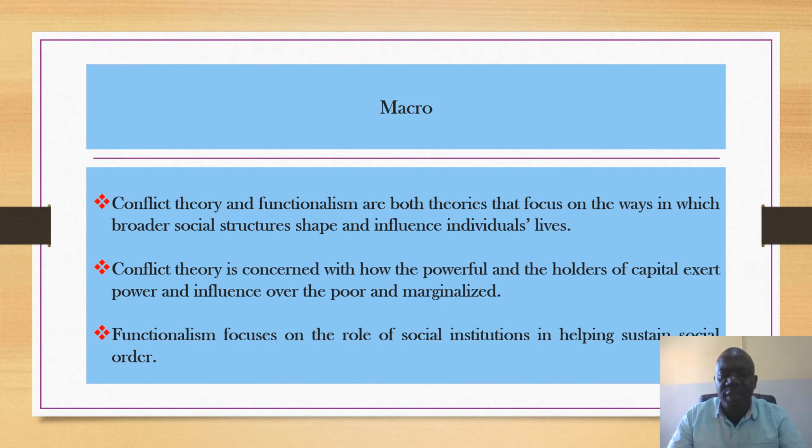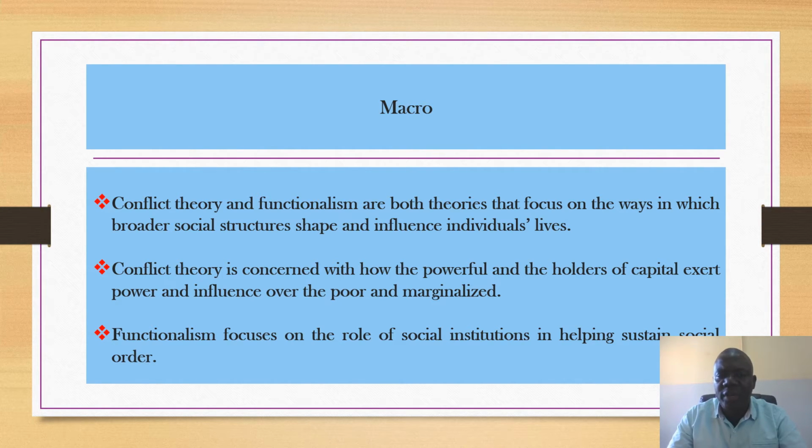One of the similarities that we find between conflict and functionalist theories or paradigms is the focus of the study, the focus of the explanations. That is, both theories are macro in nature. In other words, they focus on broader issues that happen in society.